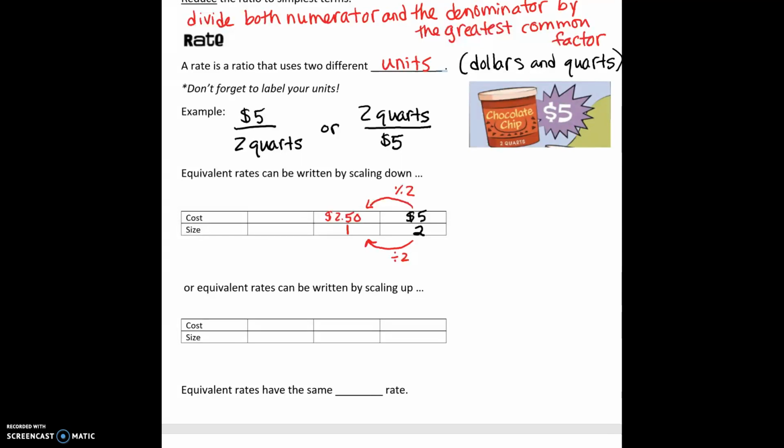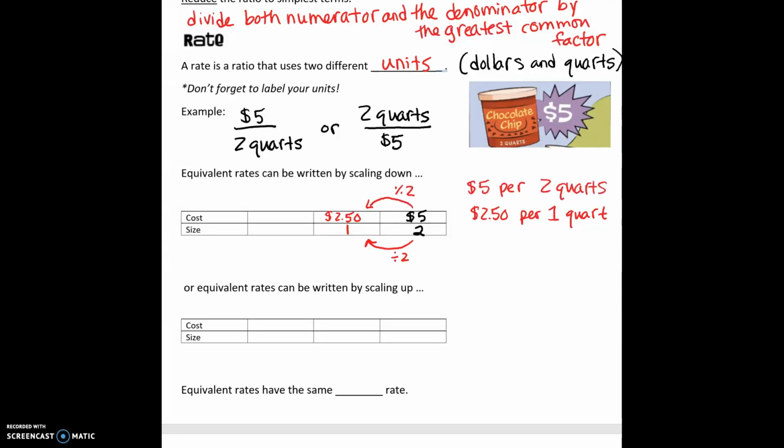So an equivalent rate here is $2.50 per 1 quart of ice cream. This is an equivalent rate to saying $5 per 2 quarts of ice cream.